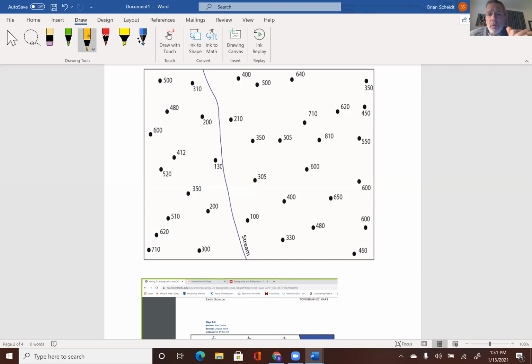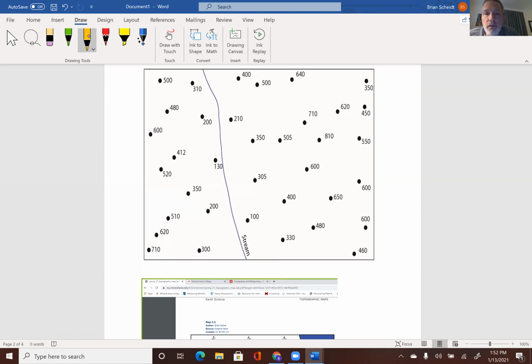So when drawing in a contour line, what I would recommend is trying to figure out what contour interval would work well for the map that you have and the data points that you have. And again, I'm going with 500. And so I have a dot right here of 500, so I know that that dot is right on my contour line of 500.